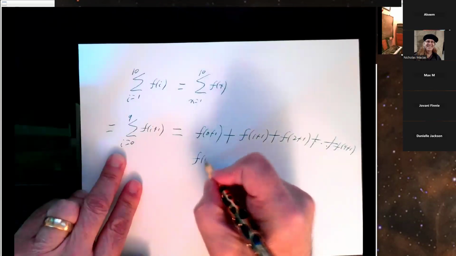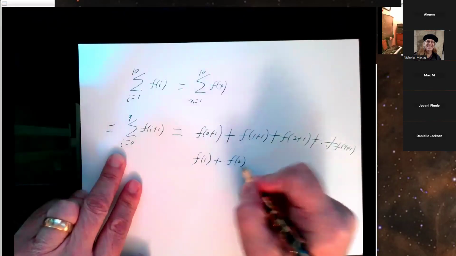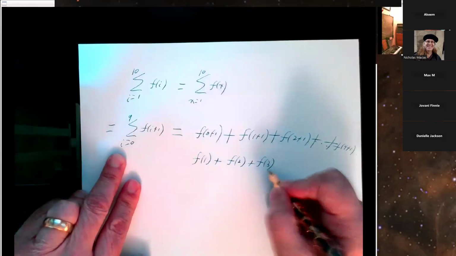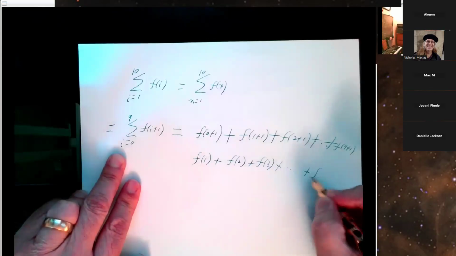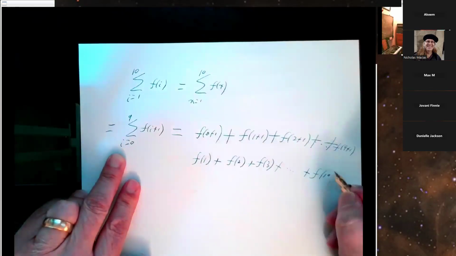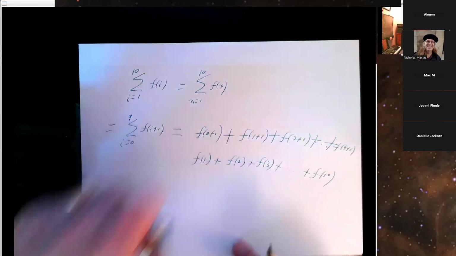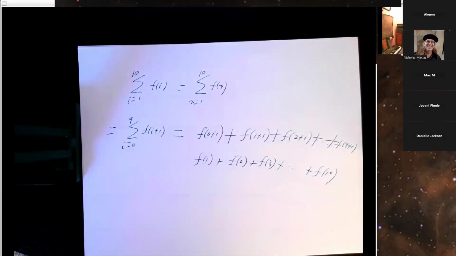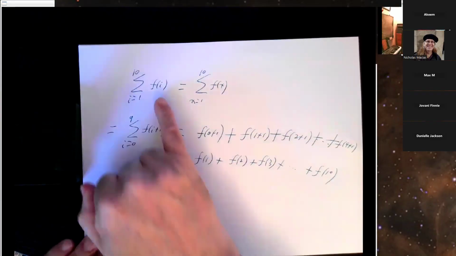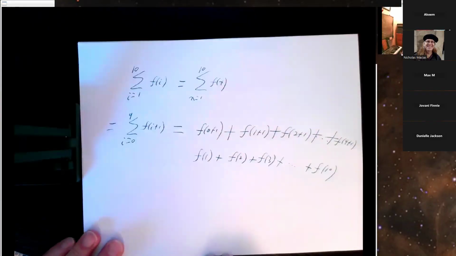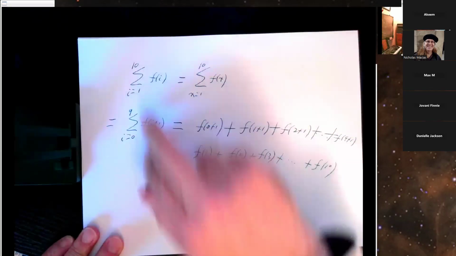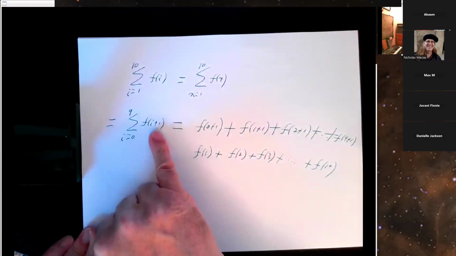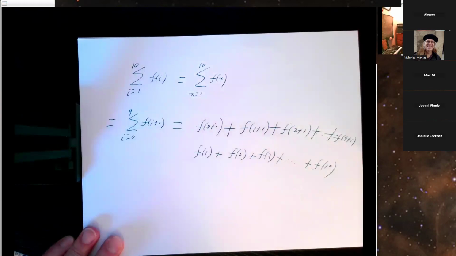So this is f of 1 plus f of 2 plus f of 3 up to f of 10. And if I do that up here or over here, I'm going to get exactly the same expression out. So we can change the index variable. We can also change the limits of the summation as long as we adjust what we're doing inside appropriately.